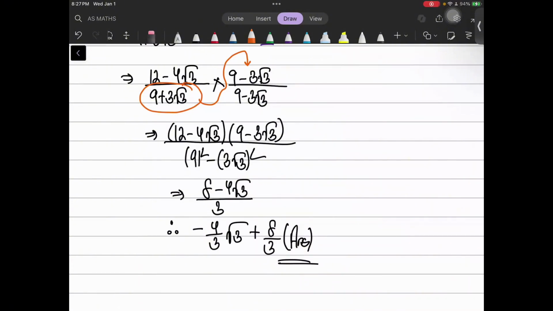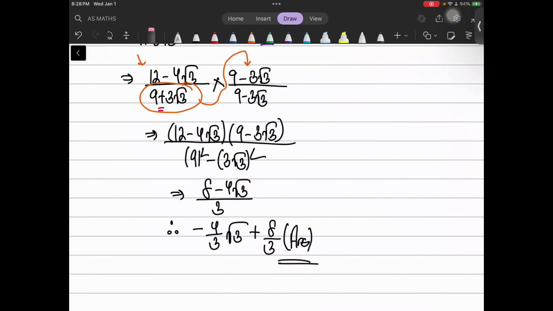Rationalization is where you take this denominator up and multiply it with both the numerator and the denominator again. And you also invert the sign. So here it is minus, so in the multiplication form it is going to be plus. Here it is plus, so in the multiplication form this is going to be minus. And if this was minus, then in the multiplication form it is going to be plus. This is the process of rationalization.